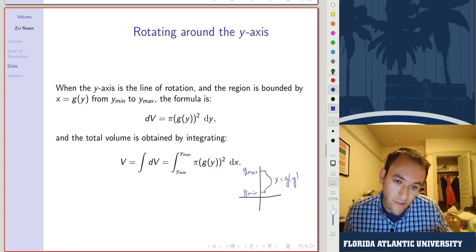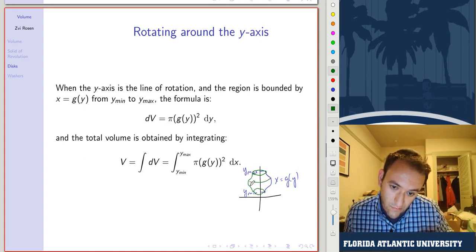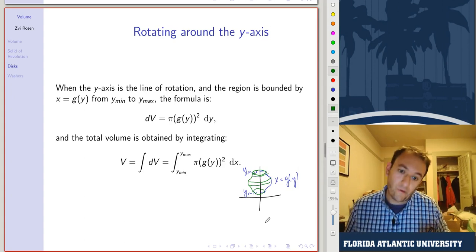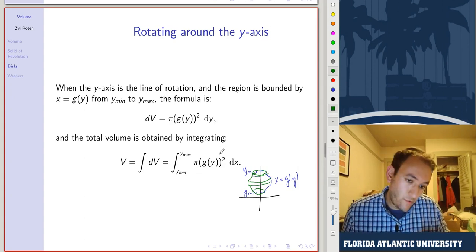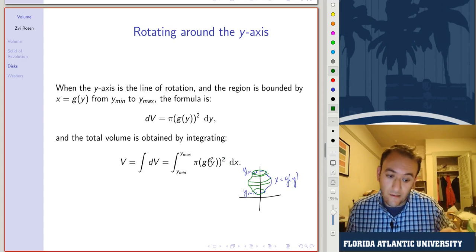Okay, then by the same token, you just imagine this spinning around. And you get the volume of this by taking this integral.